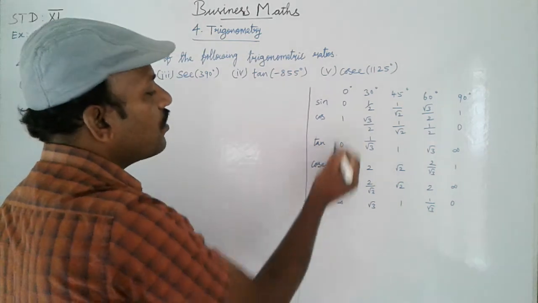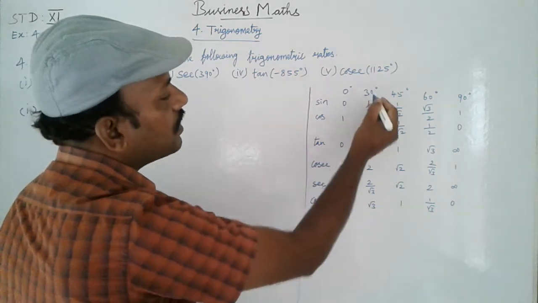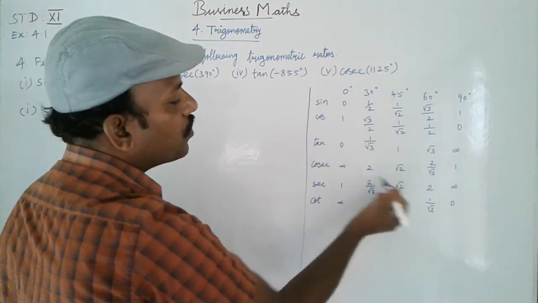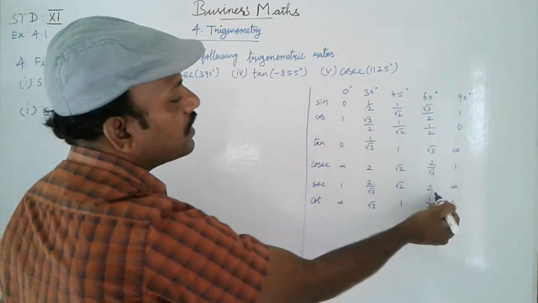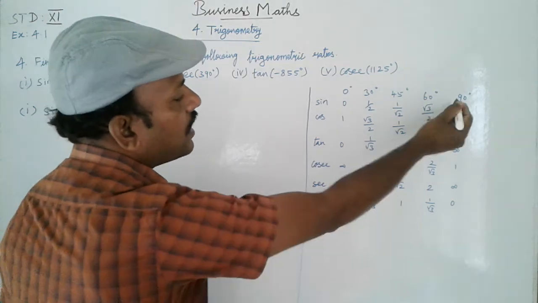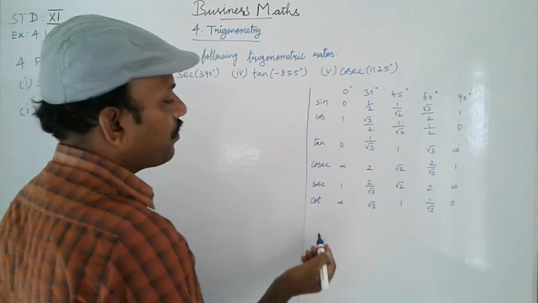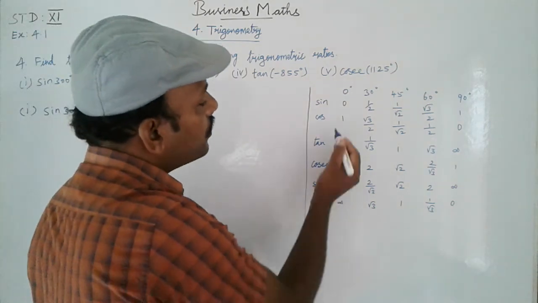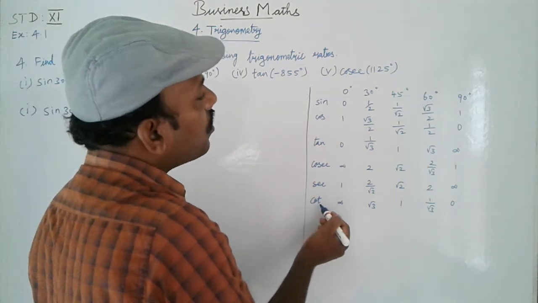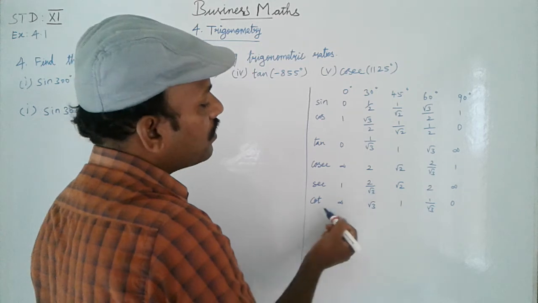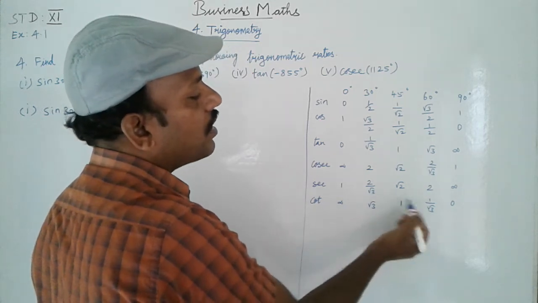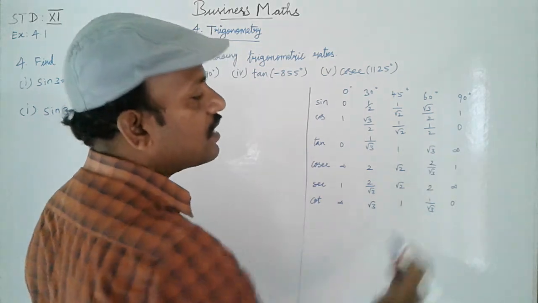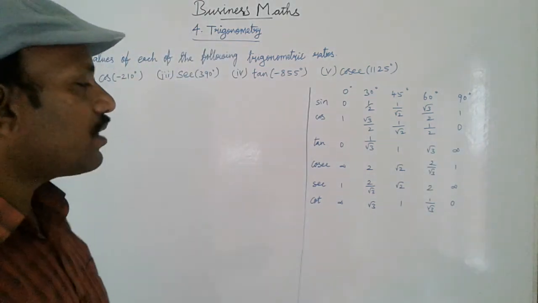Next secant: secant 0 is 1, secant 30 degrees is 2 by root 3, secant 45 degrees is root 2, secant 60 degrees is 2, secant 90 degrees is not defined. Next cot value: cot 0 is not defined, cot 30 is root 3, cot 45 is 1, cot 60 is 1 by root 3, cot 90 is 0. These are the values.